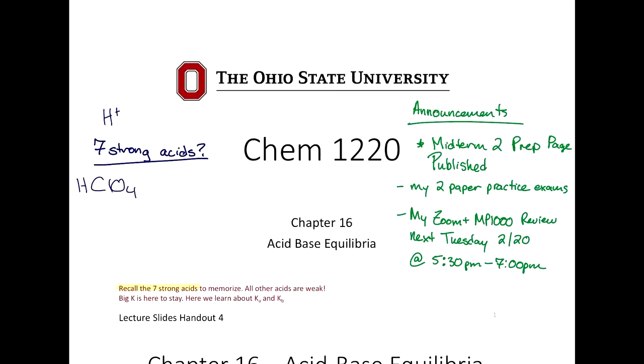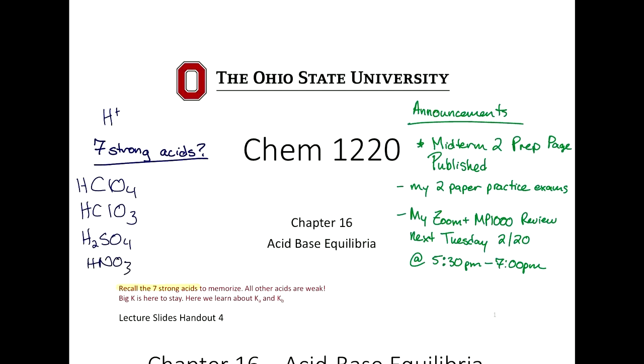Another one is HClO3, so chloric acid and perchloric acid are both strong acids. Then we also have H2SO4, and then one more of the polyatomic types, the ones with the long names. HNO3, yep, that's another one, nitric acid.